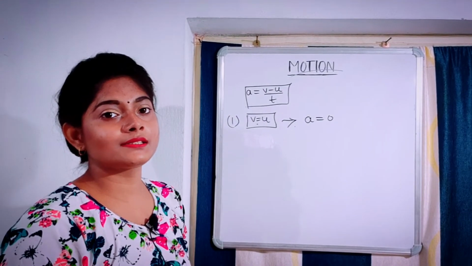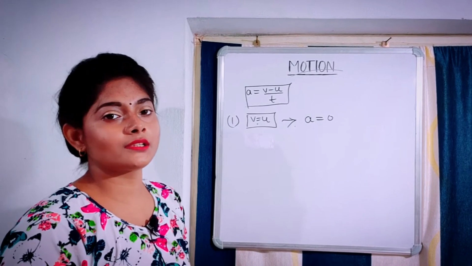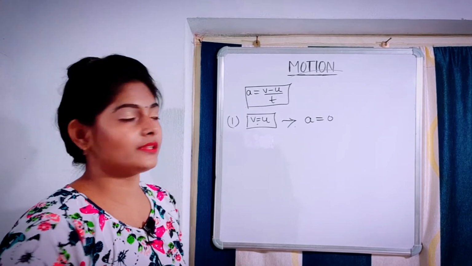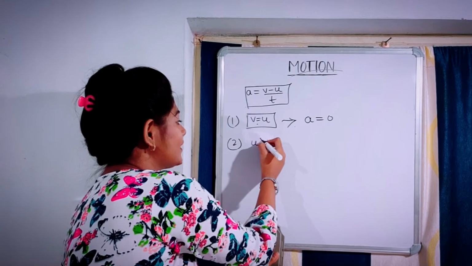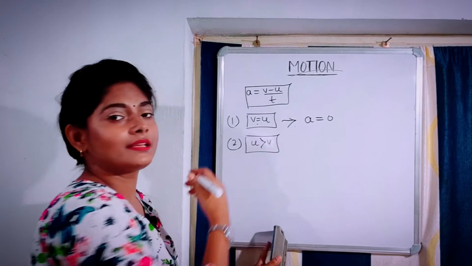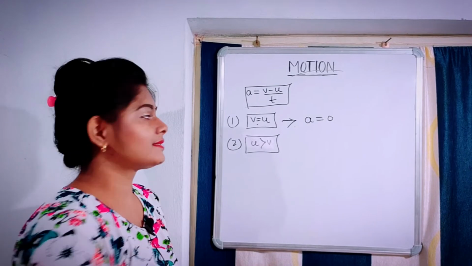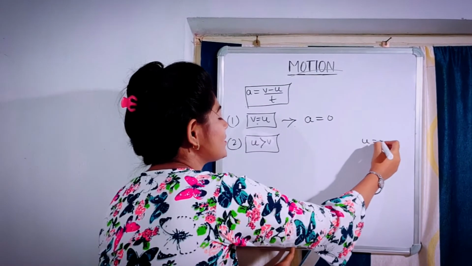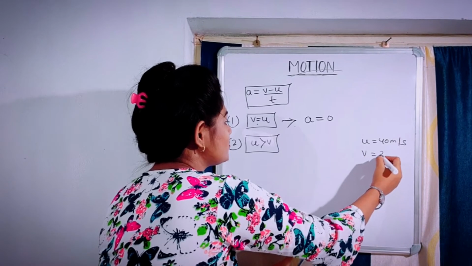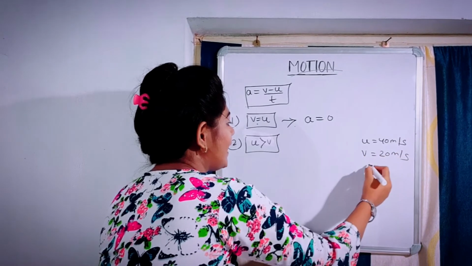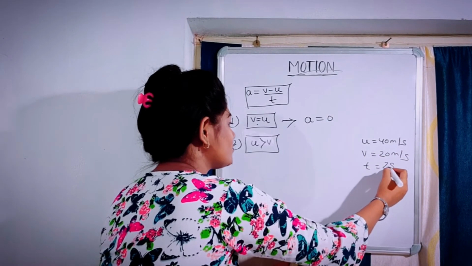Now the second case is, what if initial velocity is greater than final velocity, that is u greater than v. Let's take an example to understand this. Suppose I take u = 40 meter per second, v = 20 meter per second, and t = 2 seconds.